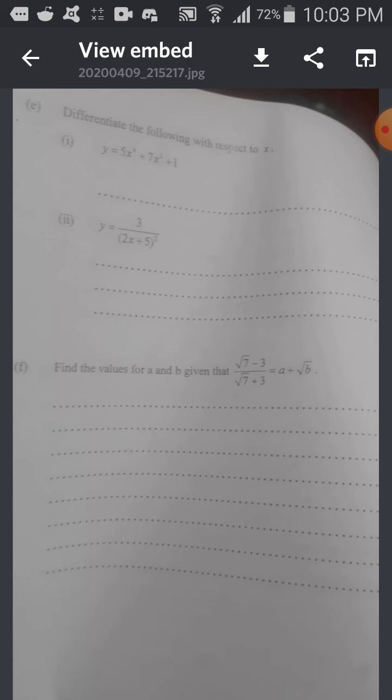Okay. This question F. The square root of 7 minus 3 over the square root of 7 plus 3 is equal to a plus the square root of b. I'll tell you the very basics of how to solve this.